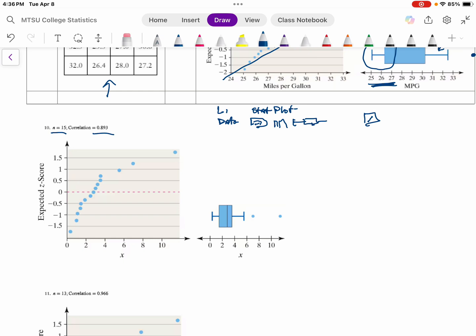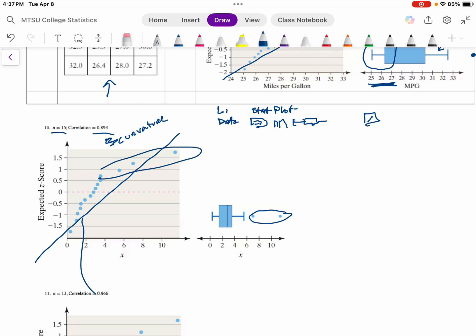Right in this part here, it's not a nice perfect linear situation. There is some curvature here. I do see a couple of outliers here. The reason there's curvature is because we have some skewness. Here's where I see some skewness take place.